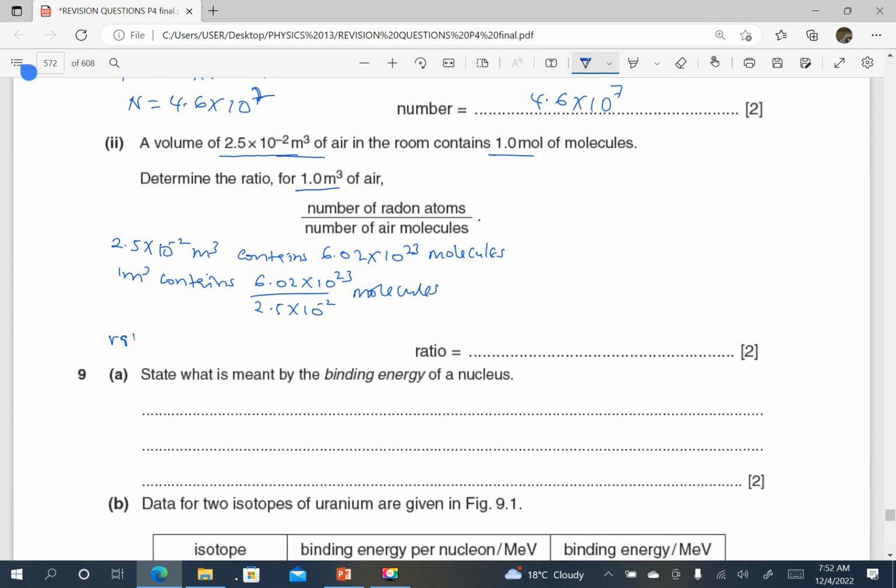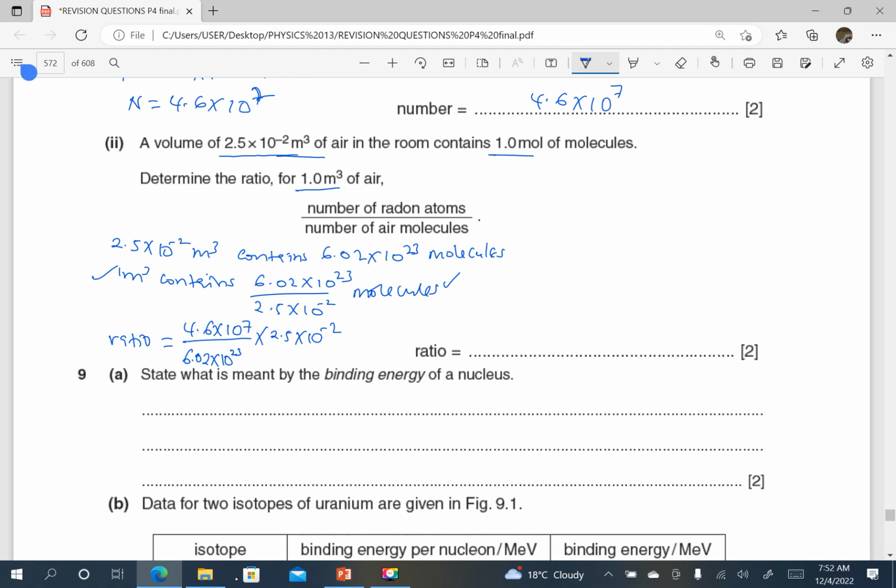So the ratio is going to be equal to 4.6 times 10 power 7. That's the number of radon atoms in 1 meter cubed over the number of molecules we have got here. So I'll just get the reciprocal. So this will be divided by 6.02 times 10 power 23 times 2.5 times 10 power negative 2. I have just divided by the number of molecules in 1 meter cubed of air.